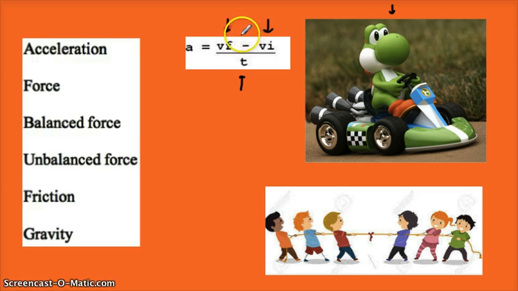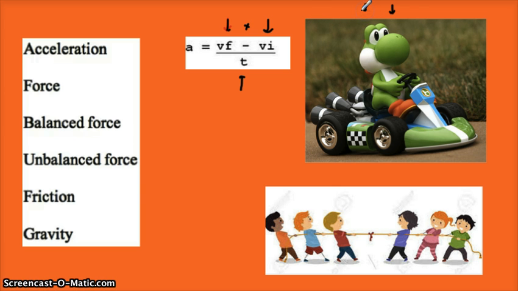So this will end up being a positive number if you have a true acceleration where you're going from a slower to a faster. Now this can end up being a negative number, and you can see how if Yoshi here decelerates.